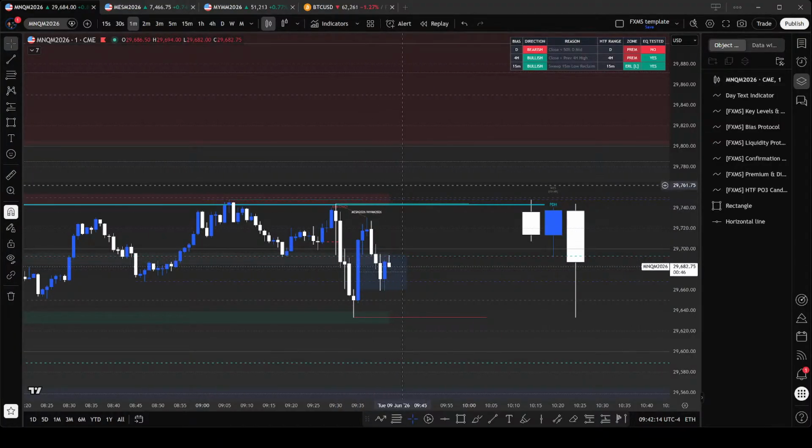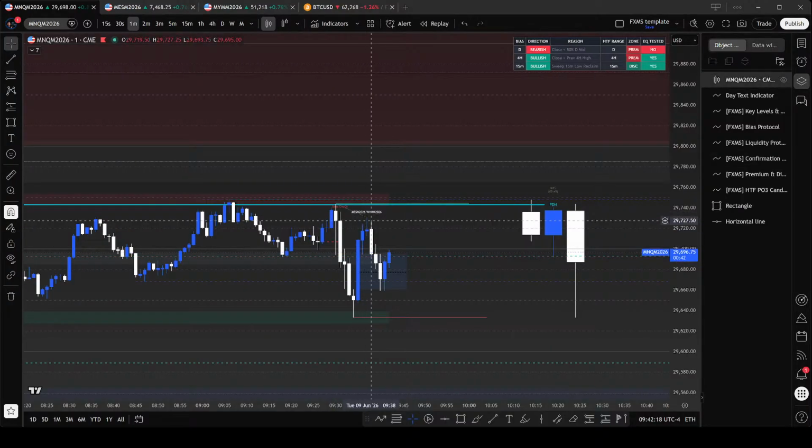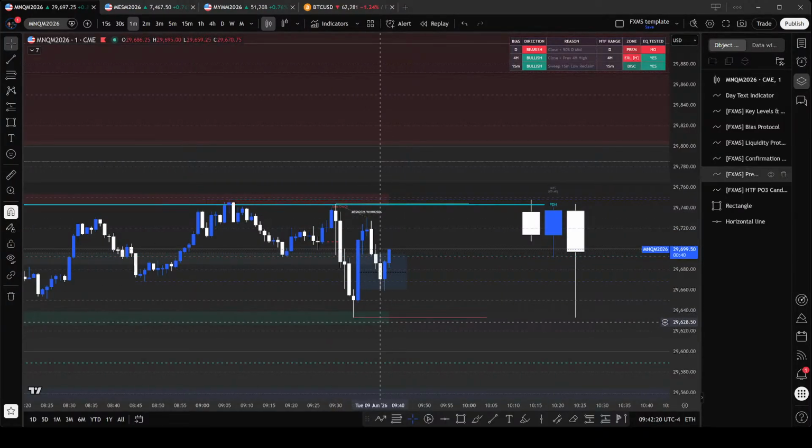So let's see if this does make its way higher. Technically we are making a lower high here, to make a lower low, but if this fails and we trade above, we get a change of character higher. Then we'll be back bullish.